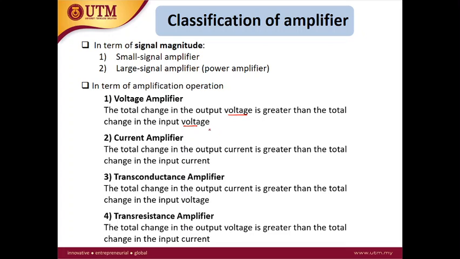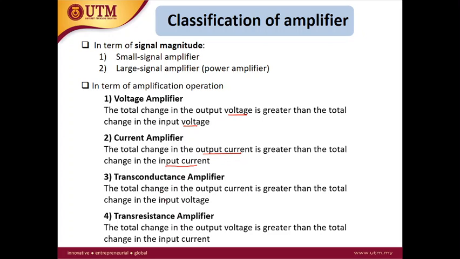So we amplify the input voltage to become the output voltage. And current amplifier amplifies the input current to become output current. So both input and output are in the form of current.